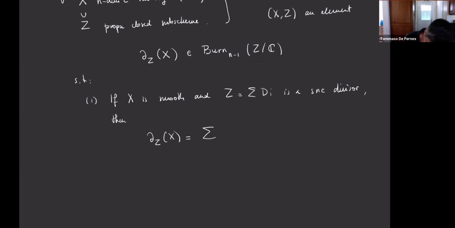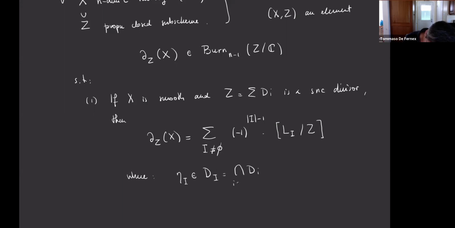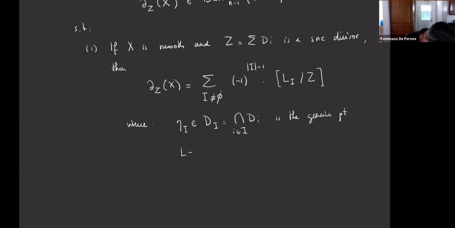So you notice now that this definition looks very familiar. I'm going to take an alternating sum, depending on the size of the index set, (-1) to that, of the class of some field Li relative to Z, where, as before, let me define eta_I inside the stratum, which is just a generic point of the stratum, and Li is a pure transcendental field extension of the residue field of the stratum.